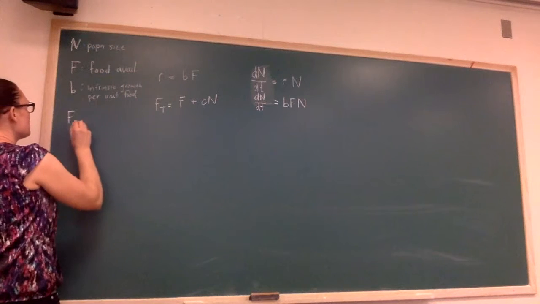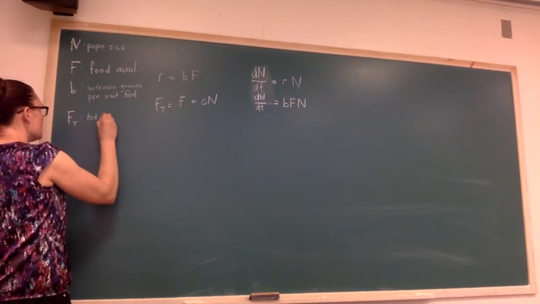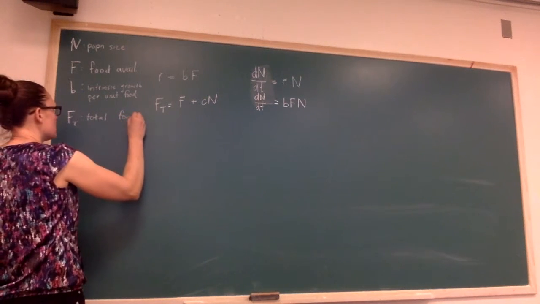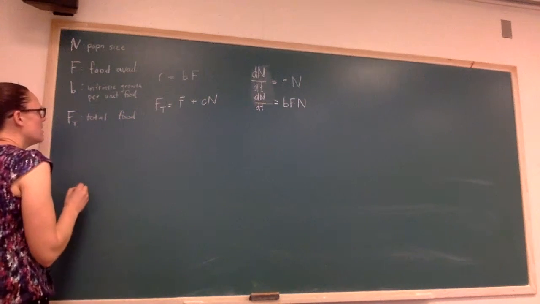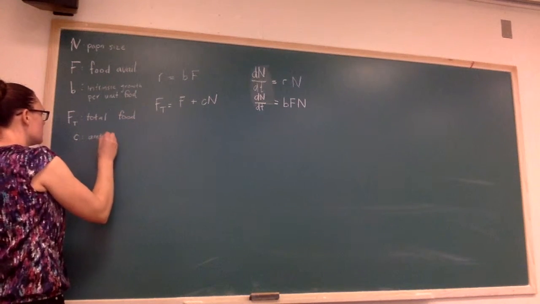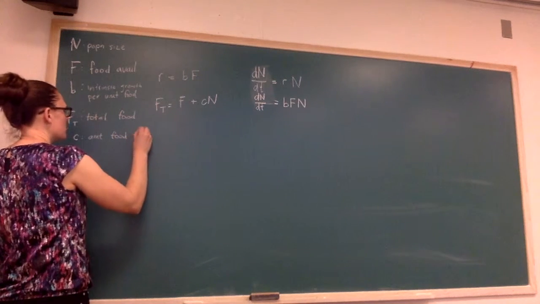I actually wrote that out there already. So F of T is the total food or total resources. And C is the amount of food that gets used per individual.